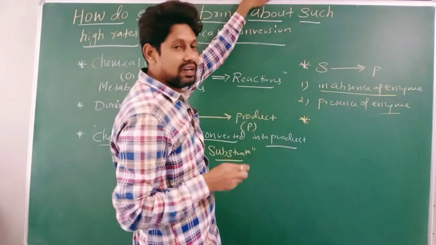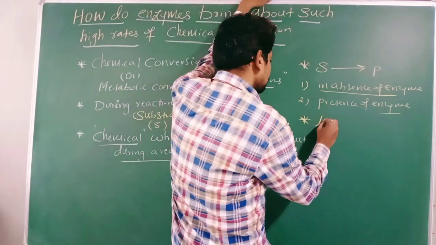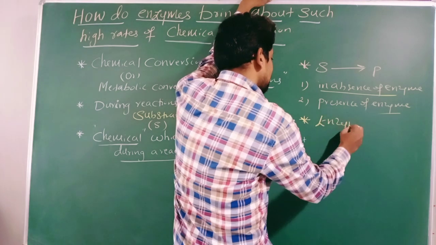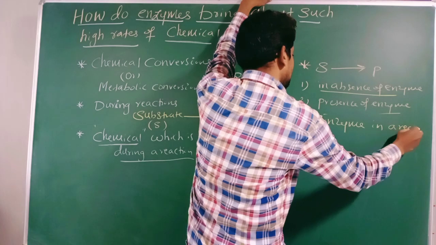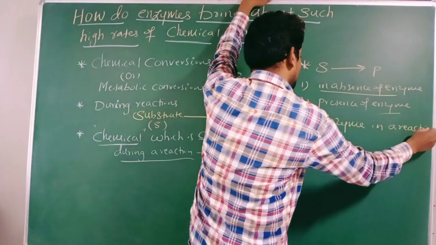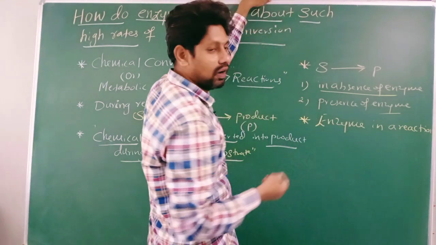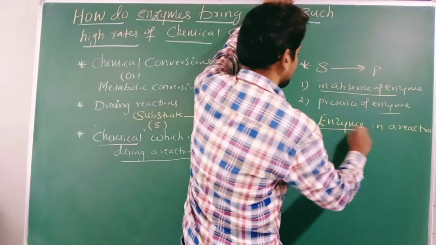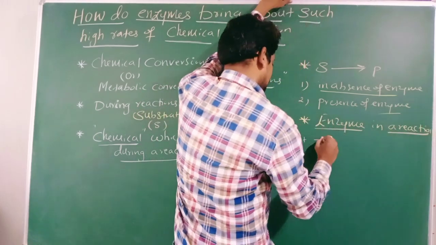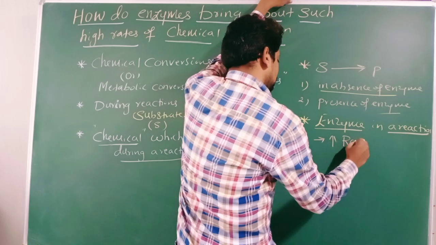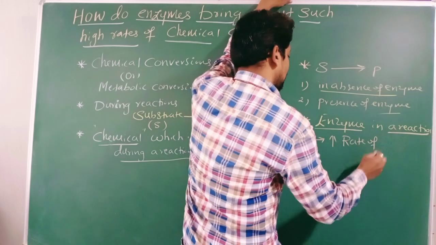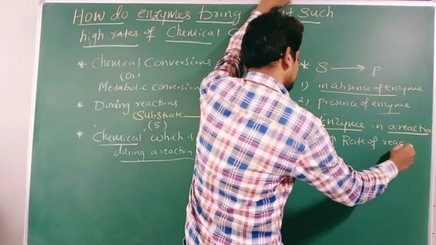Therefore, write: enzyme in a chemical reaction, or enzyme in a reaction. What does it do? Number one, increases the rate of the reaction or speeds up the rate of reaction.